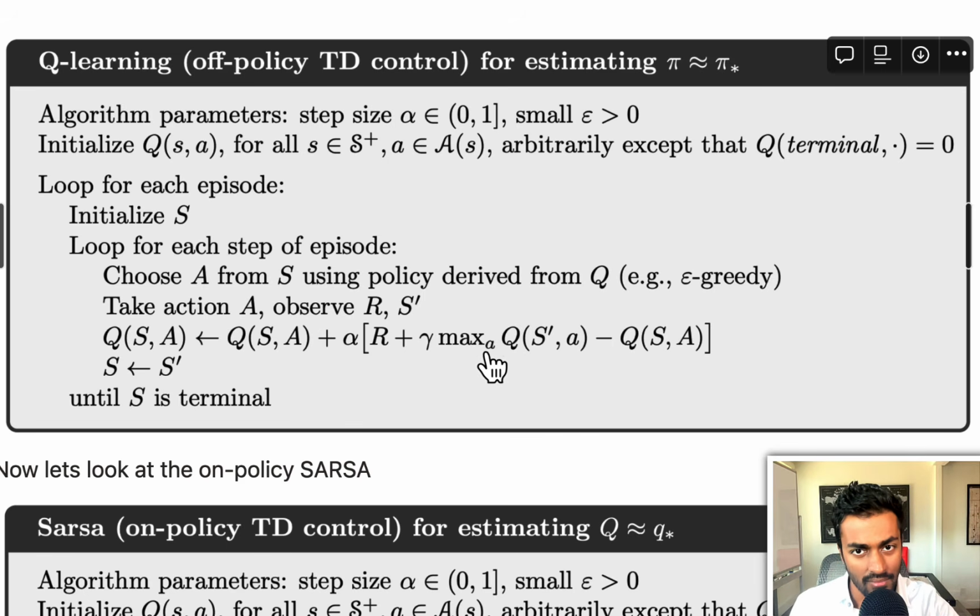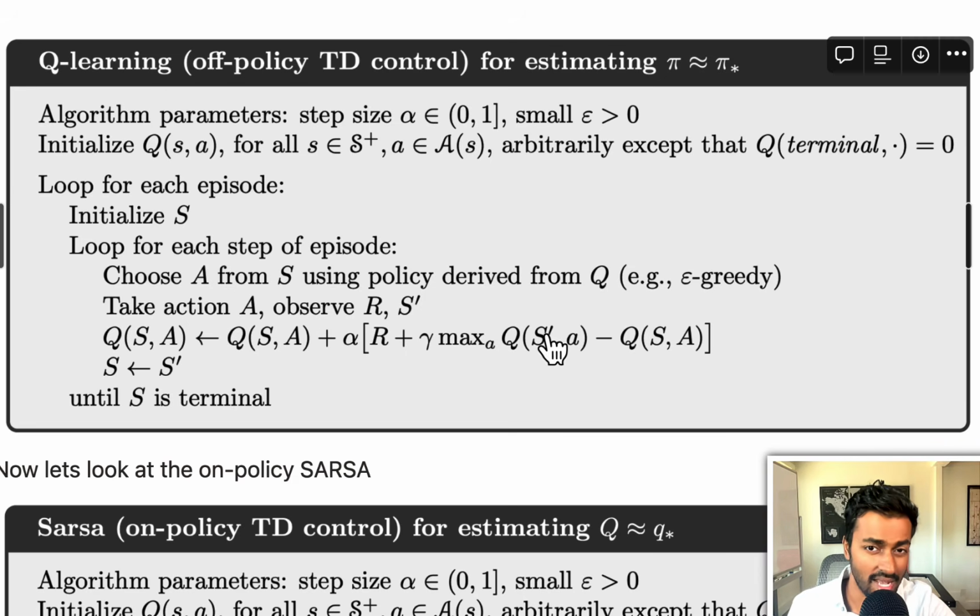Now, you can see here that we have another action that needs to be chosen over here. But this action is chosen to update the Q table value. That means this action needs to be chosen based on a target policy. And the action that is chosen has to be the maximum Q value we can get from a given state, which means that it has to be greedy.